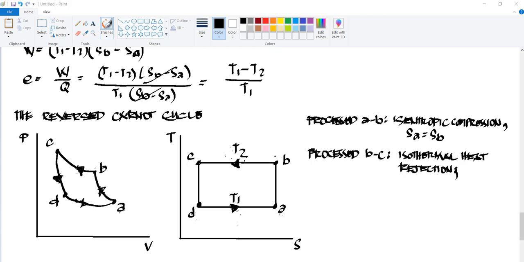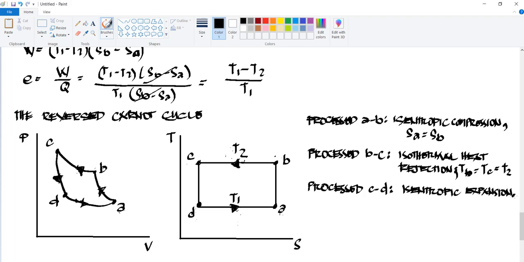So we have the process B to C, that will be isothermal heat rejection, so constant temperature, where your temperature at point B is equal to your point C and is equal to your T2. Then we have isentropic expansion.